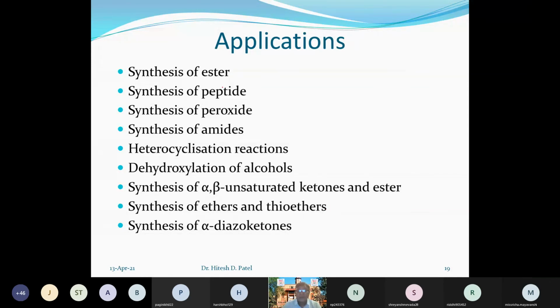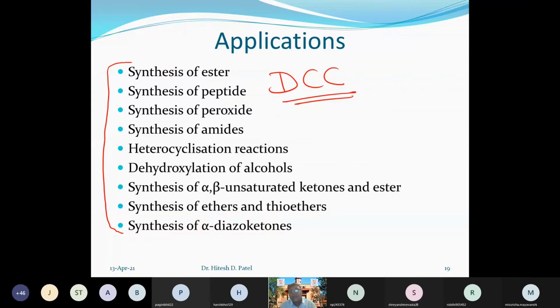Means with the use of one reagent, DCC, we can carry out several reactions. Next time we will discuss in detail the applications of DCC with its mechanism, and how we can use this reagent for the synthesis of important compounds.